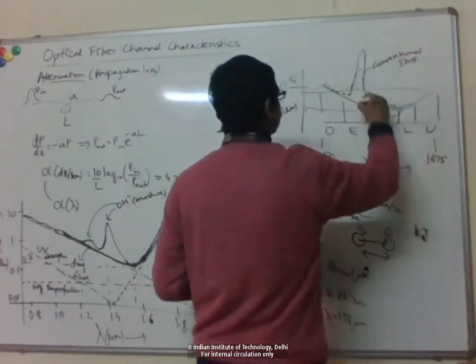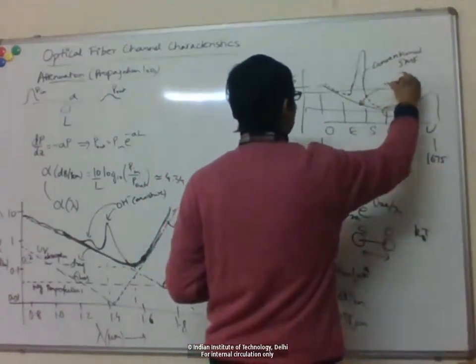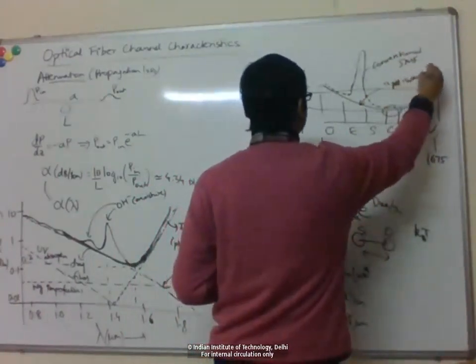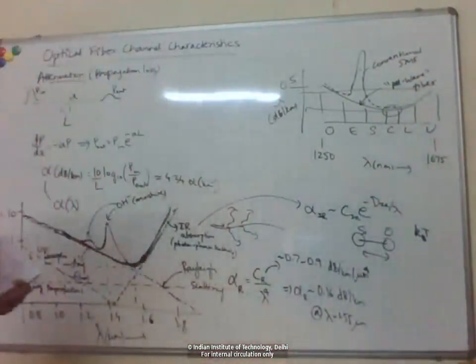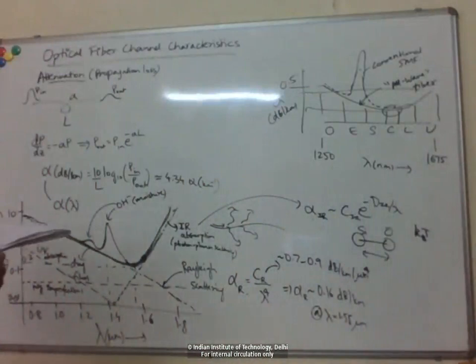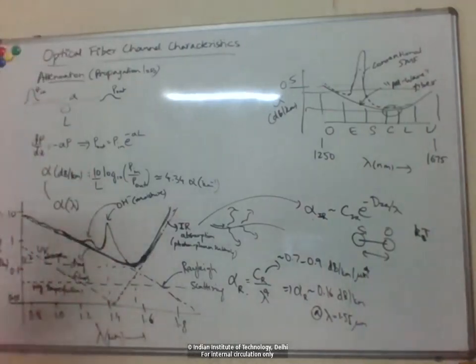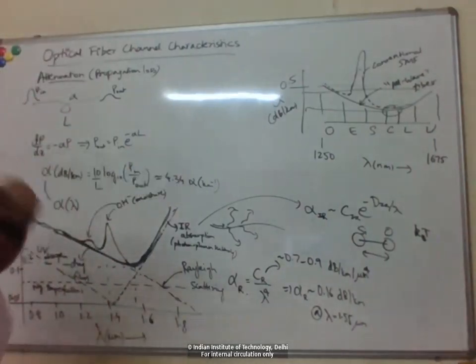This is a conventional single mode fiber, and this is a dry fiber, also known sometimes as all wave fiber. Okay, so that's as far as propagation loss is concerned.